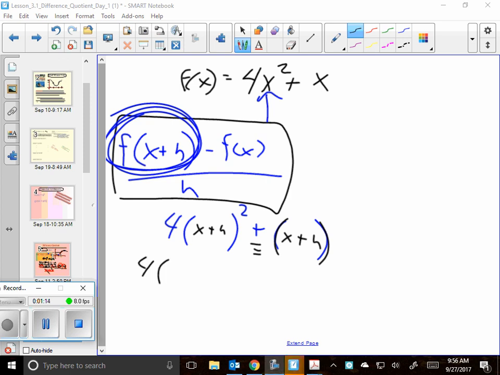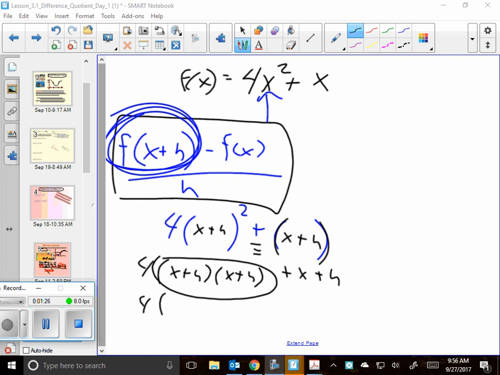4 times, I hope you remembered that this is x plus h times x plus h, and then plus x plus h. All right, then I'm going to actually multiply this part out next, and I will have 4 times x squared plus hx plus 2 hx's actually. There's one for the outside ones and one for the inside ones.